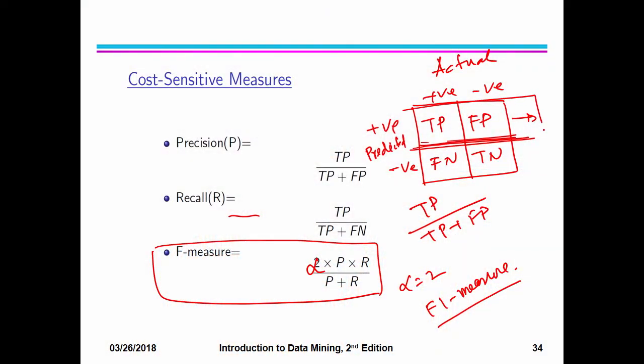Here we are not talking about the total actual class, we are saying the total objects identified as positive class by the classifier. Out of that, how many are really positive class? Really means actually the positive class. So, that is called precision.